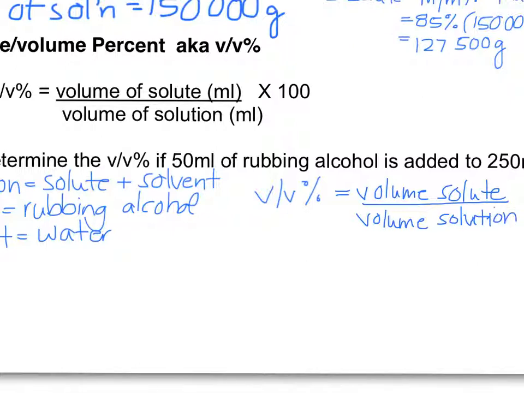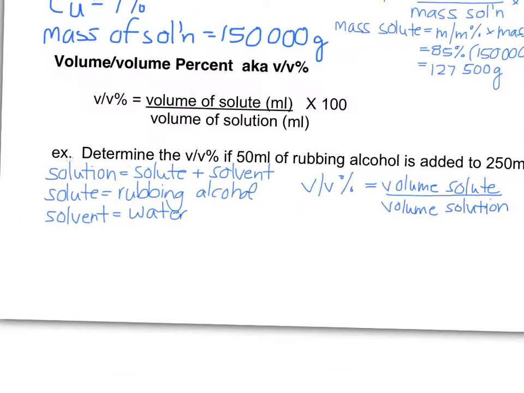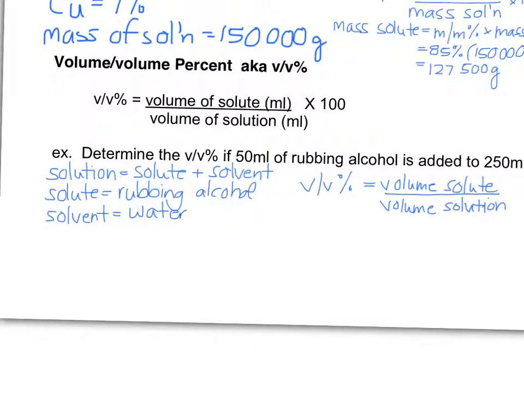It's over the solution. So volume of solute, what have I got? My solute, there it is, the rubbing alcohol. So 50 milliliters. I can put that in. There we go, 50 mils. Yes. Volume of solution.